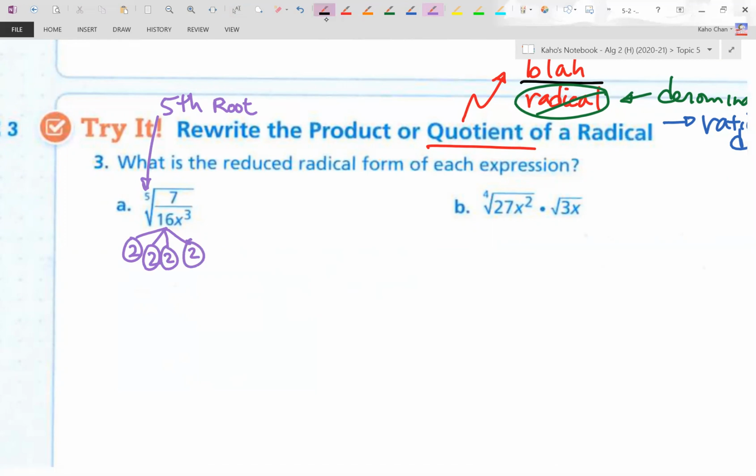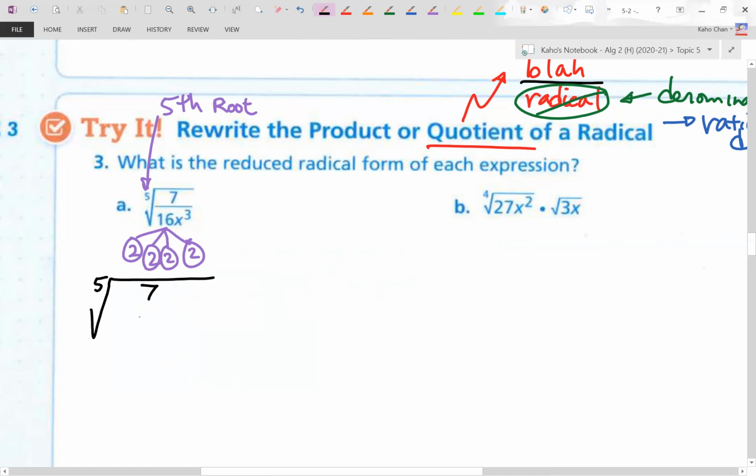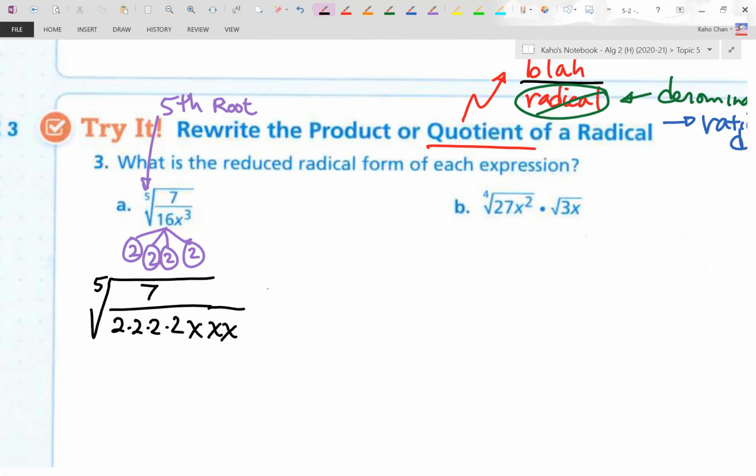So that's going to be a problem, isn't it? So far we have that 7 on top. And on the bottom we have 2, 2, 2, 2, x, x, x. We don't like radicals in the denominator. So there's a way to patch this radical but not change the original problem in the first place. We're going to multiply by 1.